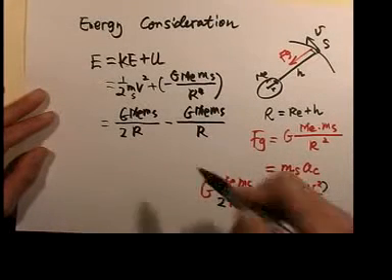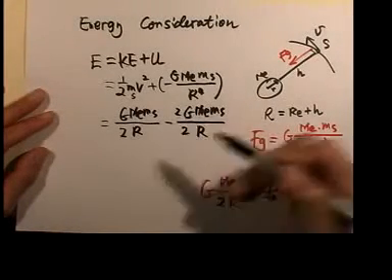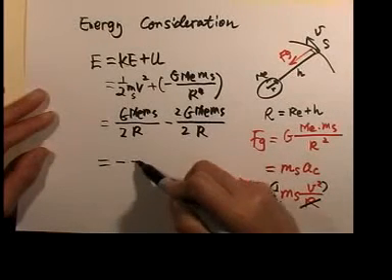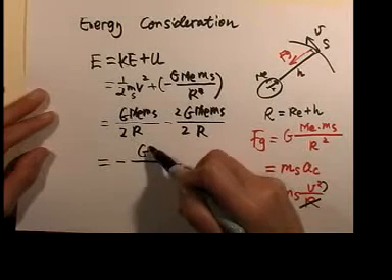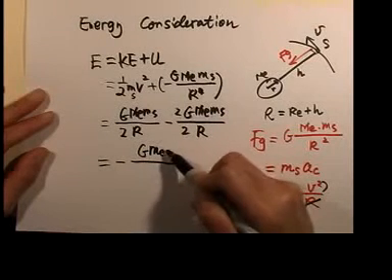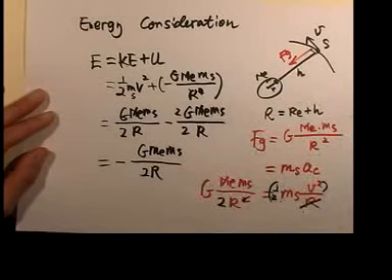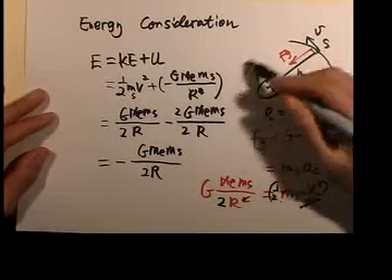If you look at it, you can view this as 2 over 2. So the result is negative G, mass of the Earth, mass of the satellite, over 2r. That is the total energy of the satellite in a circular orbit.